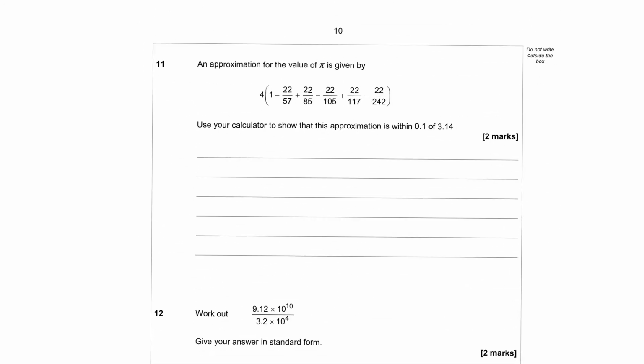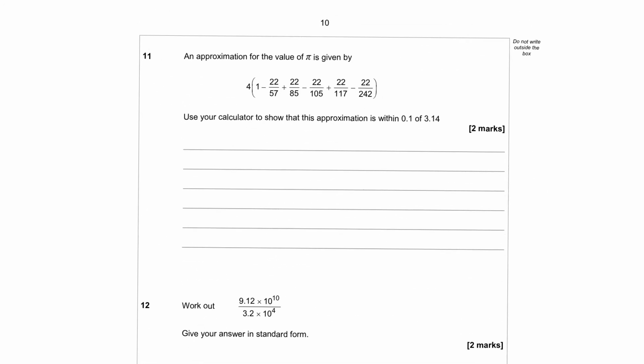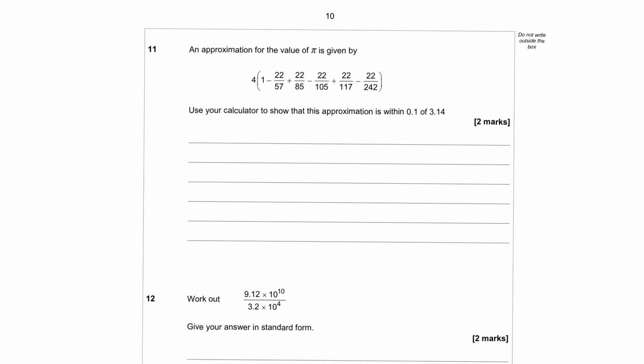So let's go have a look at question 11. It says the approximation for the value of pi is given by this long equation, and it wants us to use our calculator to show that the approximation is within 0.1 of 3.14. So what that means is the answer that we should get in our calculator, if it's within 0.1, should be between 3.04 and 3.24, any value in that range, because that's within 0.1 of 3.14.